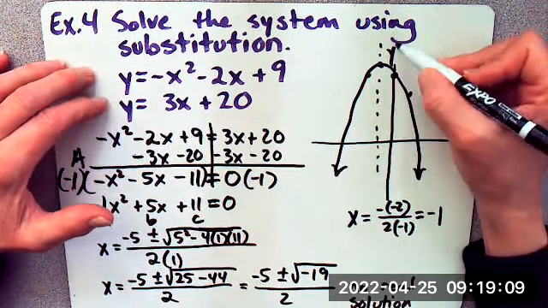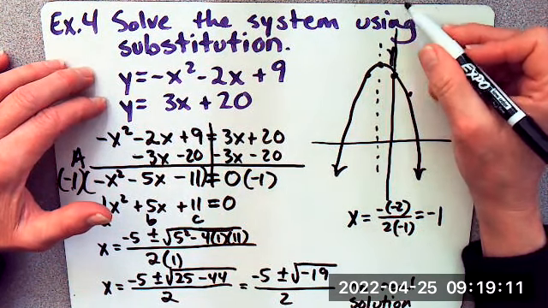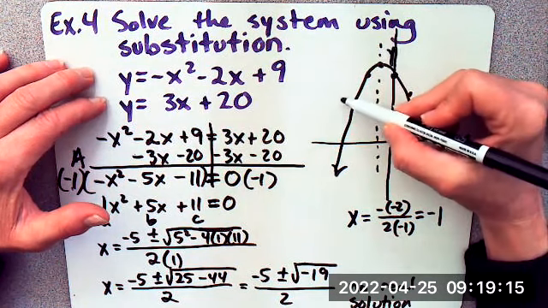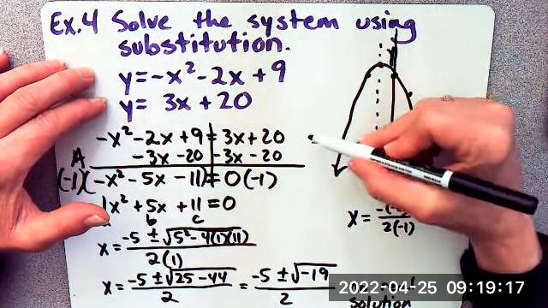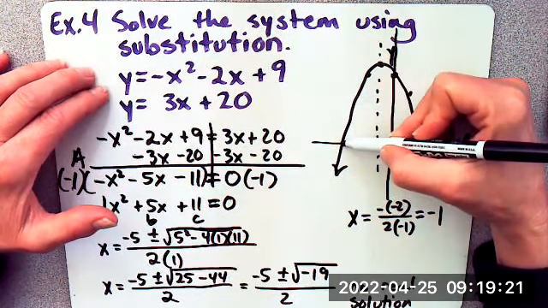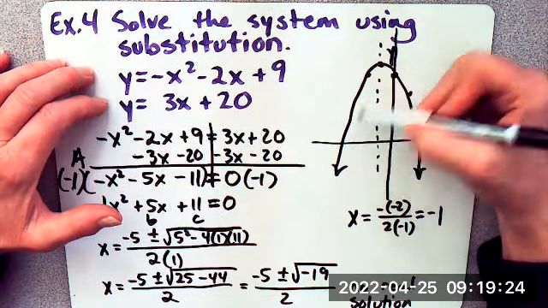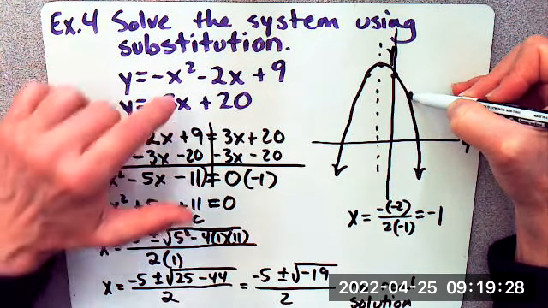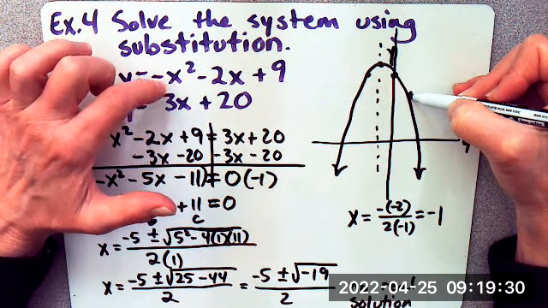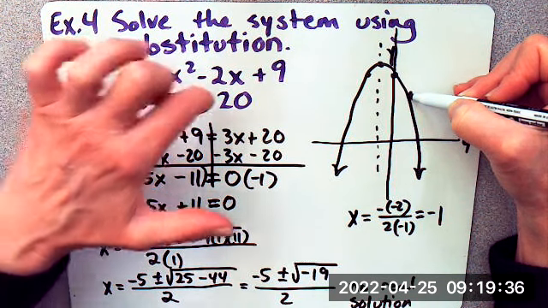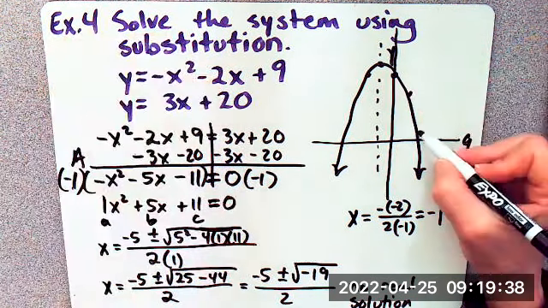This one, it's way up at 20, which is way up high. And then it's got a 3x graph. So by the time it's down here, let's see where this crosses. This probably crosses, that's 1, this probably crosses at 2. So 2 squared negative 4, and then negative 8. So 2's here.